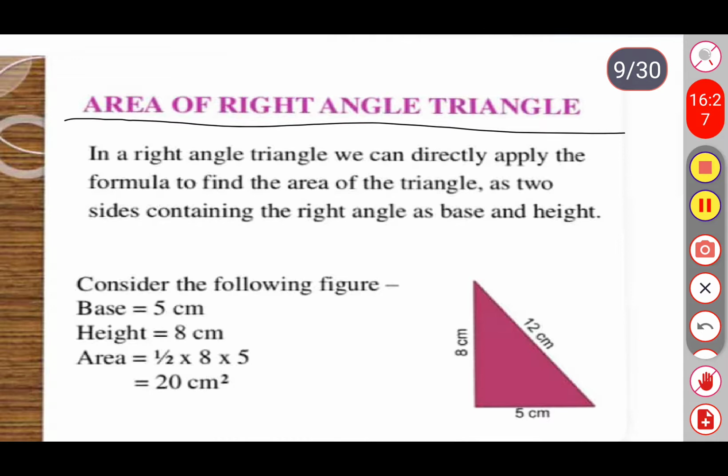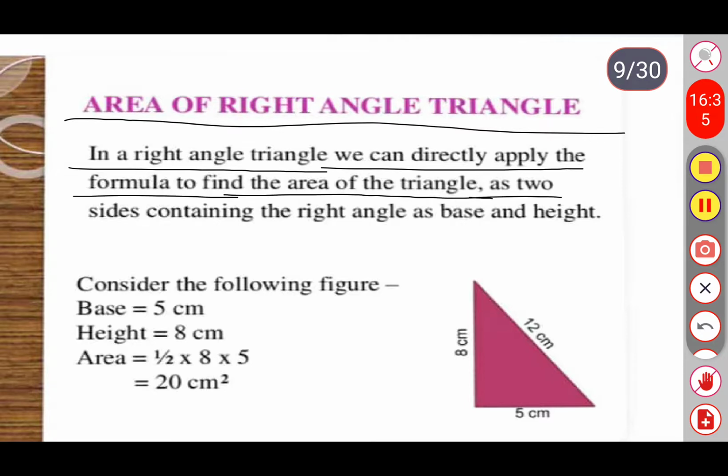So in the right angle triangle, we can directly apply the formula to find the area of the triangle, taking the two sides containing the right angle as the base and height, because in a right angle triangle we already have base and height, right? So in these cases, you can directly use the formula half into base into height.